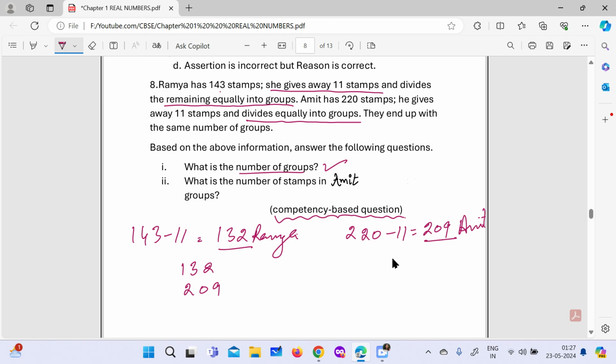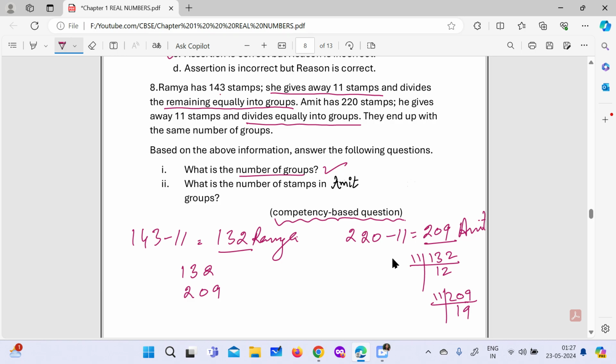So yeah, we will do prime factorization. 132 is 11 times 12, and when we divide 209, you will get 11 times 19. So our HCF is 11.